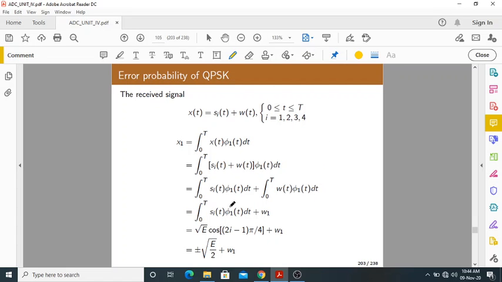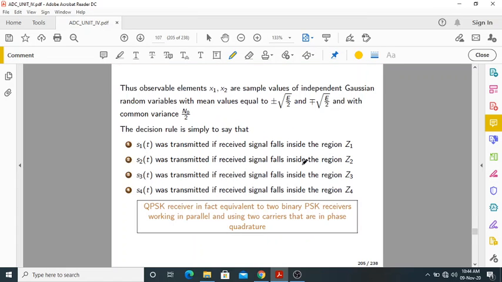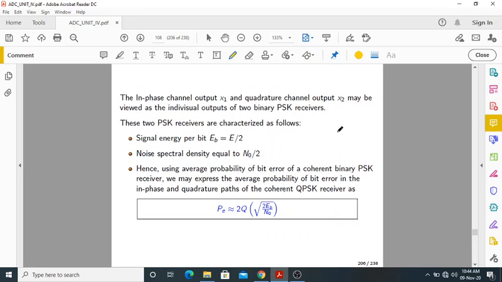So this is the error probability calculation. Now this is the ML rule. We decide which symbol is transmitted just by looking at the constellation of the QPSK. I told you in the last class the constellation of QPSK, and this is the probability of error of QPSK. This is an approximated expression.